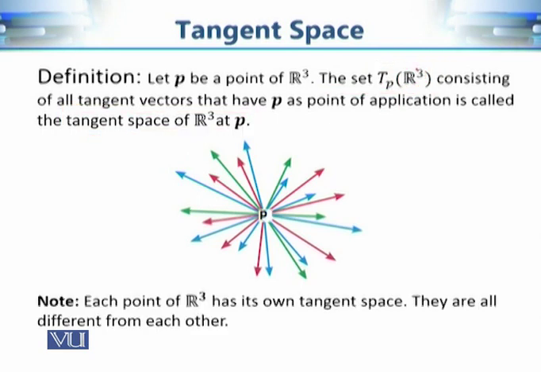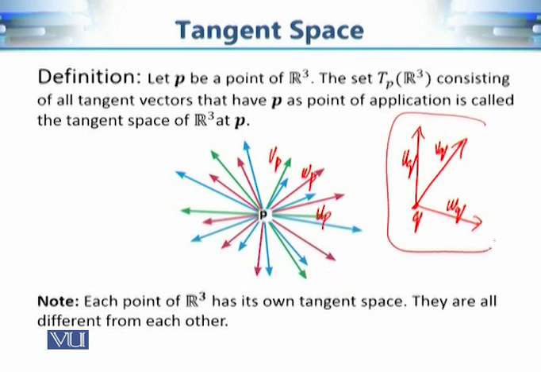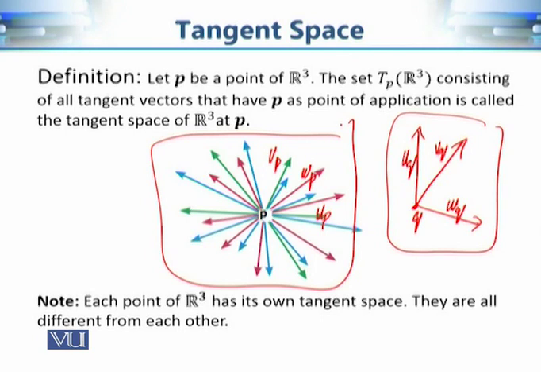Now each point of R3 has its own tangent space, of course, and if you are at some other point, let's say Q, then all of these vectors are different from all of the vectors at point P, because these vectors, let's say VQ, WQ, UQ, all have point of application Q, and all of these vectors, VP, WP and UP, have point of application P. So all of these vectors are different from all of those vectors.